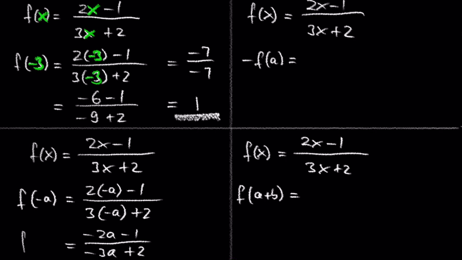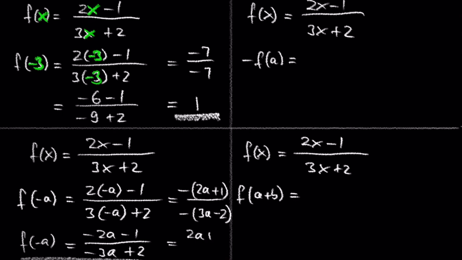So we get f of negative a equals (negative 2a minus 1) over (negative 3a plus 2). If you want, you can write this as (negative 2a plus 1) over (negative 3a minus 2), which is then (2a plus 1) over (3a minus 2).